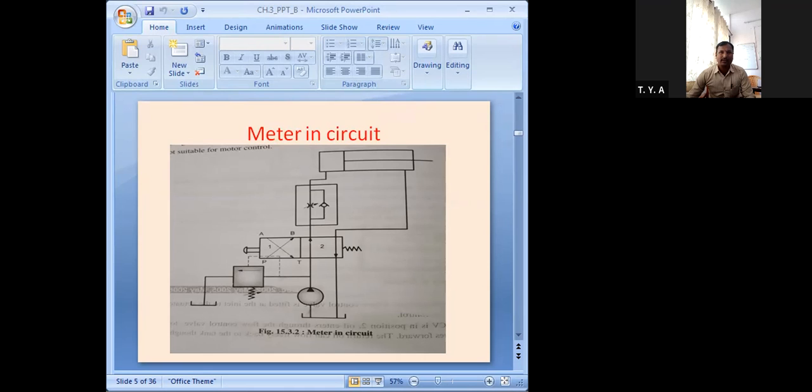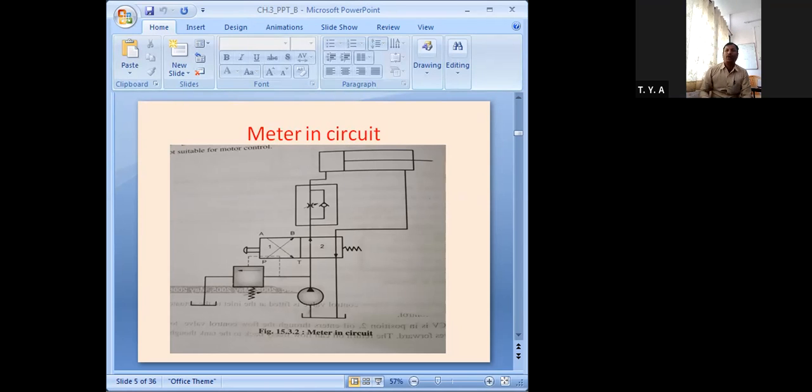That means this P will connect to this B, and oil flows from the pump to the rod end of the cylinder, and hence the cylinder will retract. That means it will come to its original position.